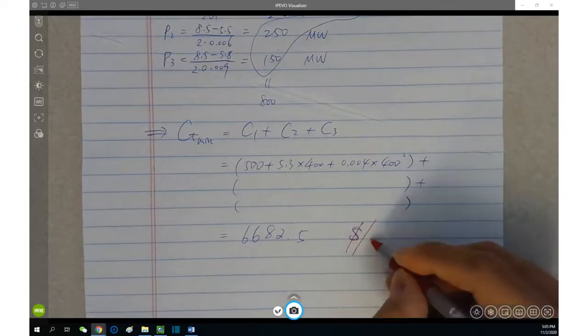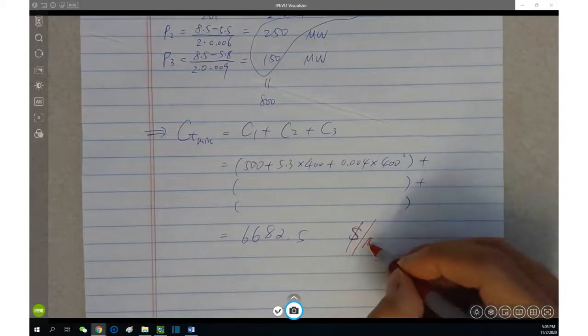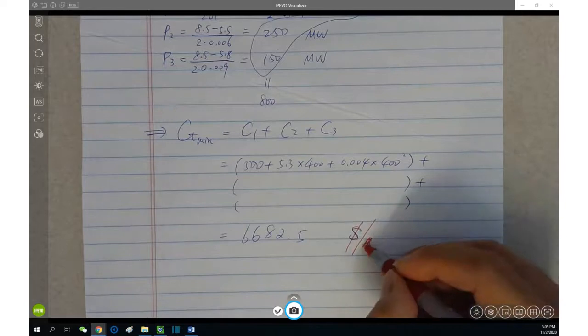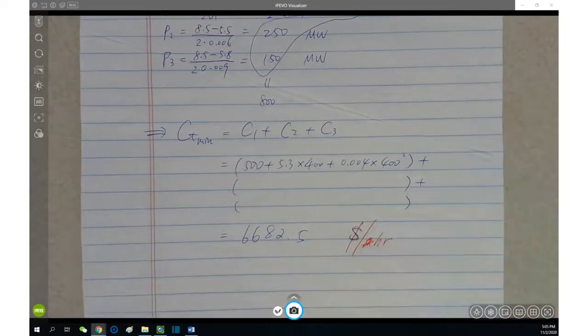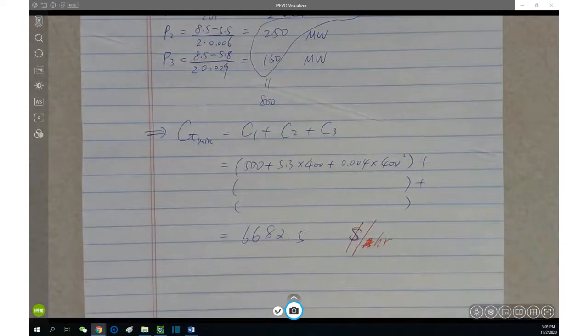The unit is, once again, let me use the red color, dollar per hour. There's no megawatt, dollar per hour. So each hour, your cost of generation is as high as over $6,000.